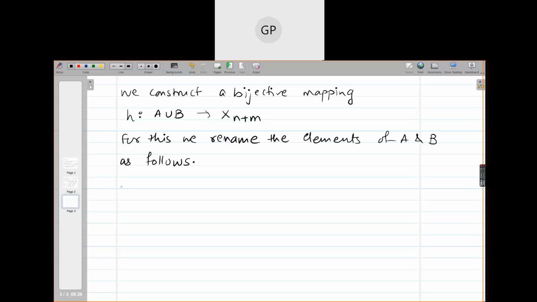I will rename the elements: say xi belongs to A is renamed as ai, where i goes from 1 up to n. Okay.